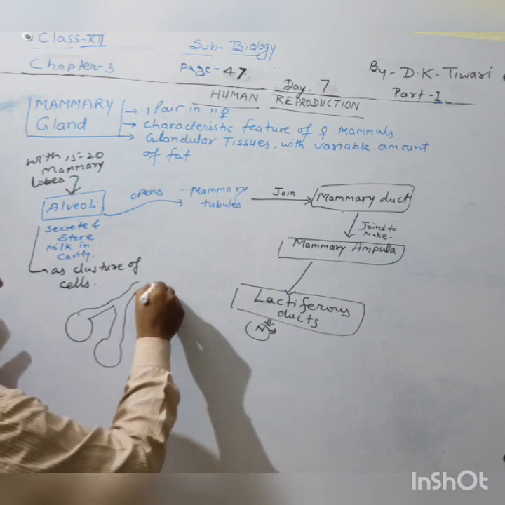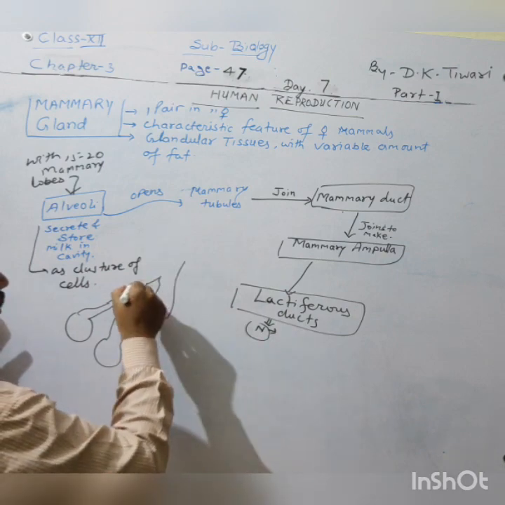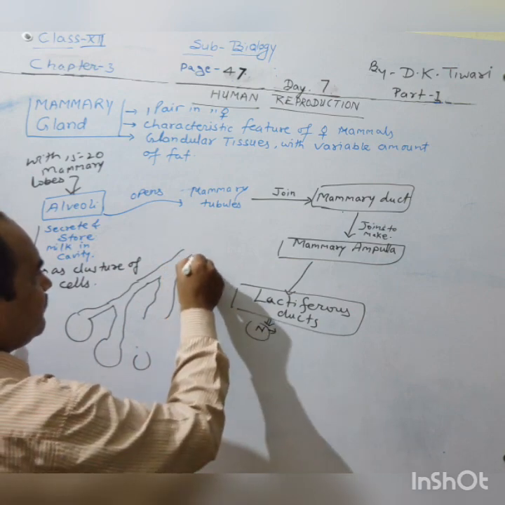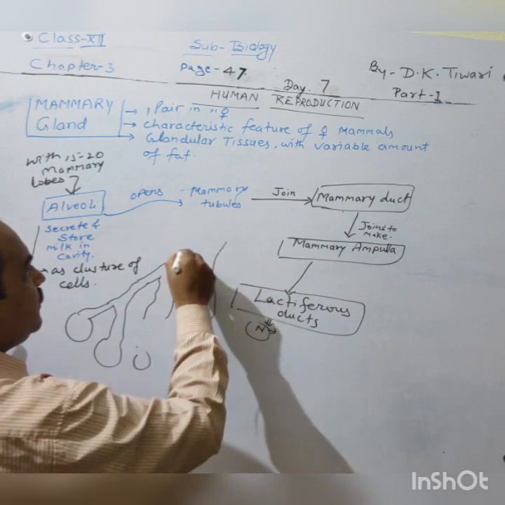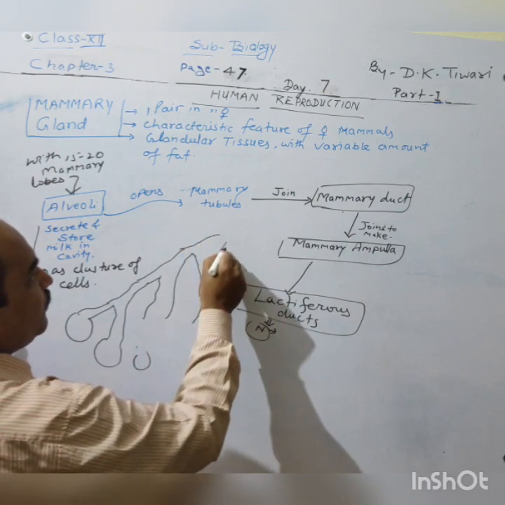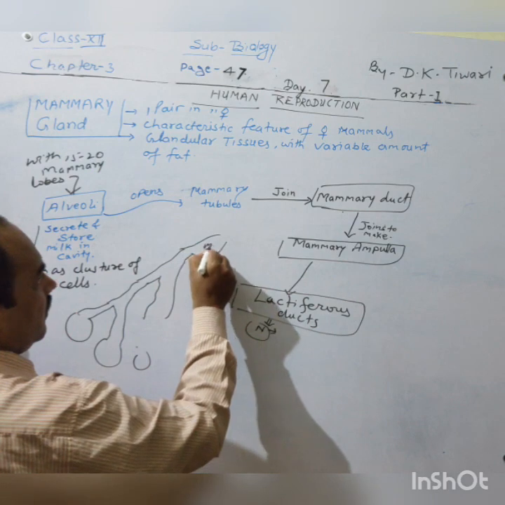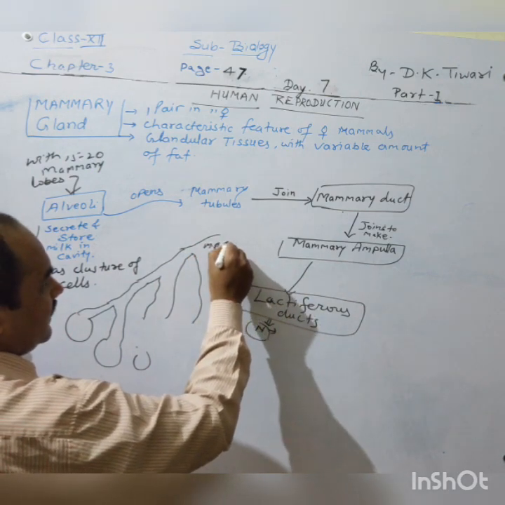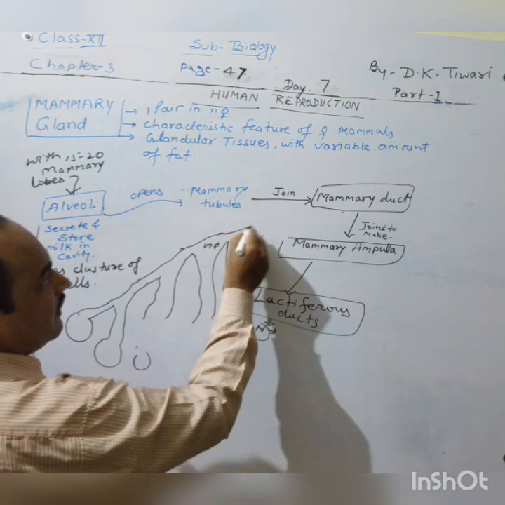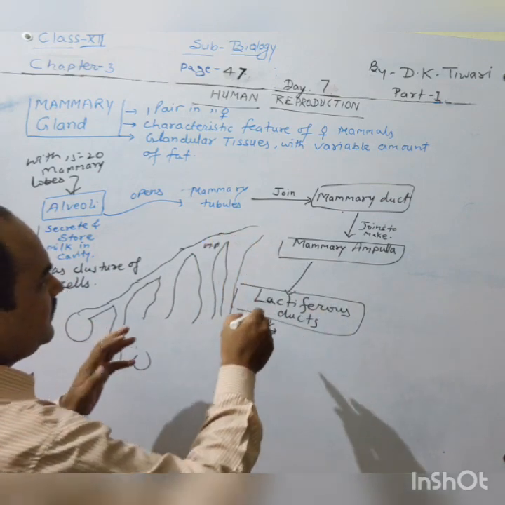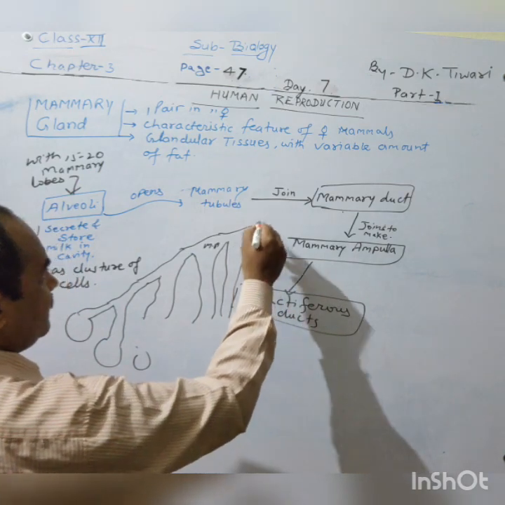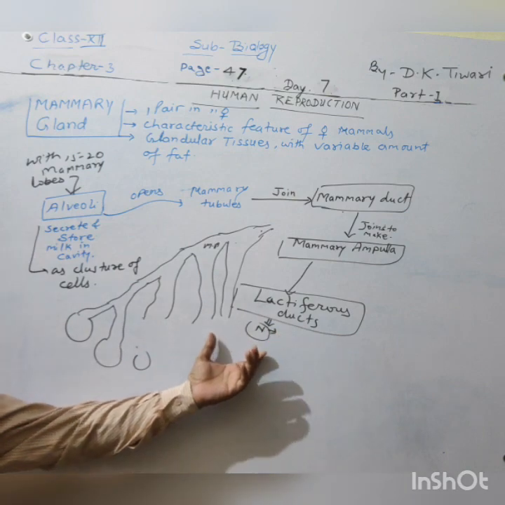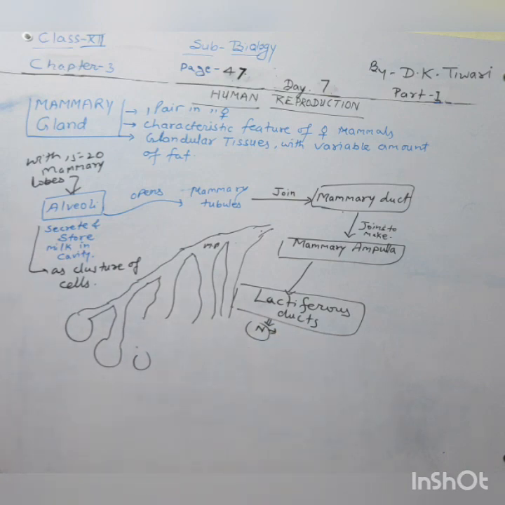Many such mammary tubules join together to make the mammary duct, and many such mammary ducts join together to make the mammary ampulla, and such mammary ampullas finally connect to make the lactiferous ducts. These lactiferous ducts are ultimately attached to the nipple, and from there the baby will suckle the milk.